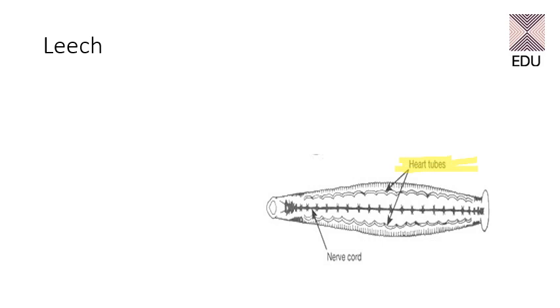These are the 2 heart tubes which contract alternately. In the case of Nereis, the dorsal vessel contracts rhythmically at a somewhat slower rate than in the earthworm. So in Nereis you have the dorsal vessel, but in the leech we have lateral heart tubes or lateral vessels acting as the heart.